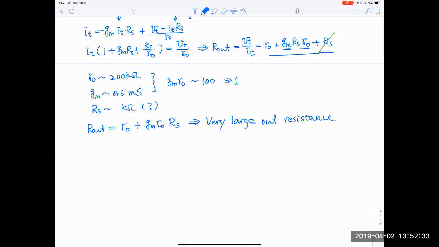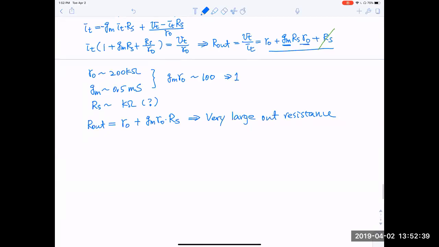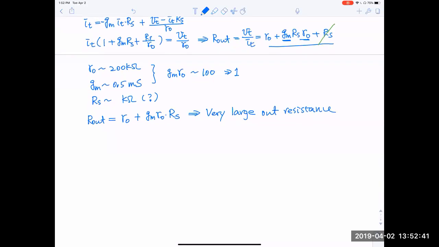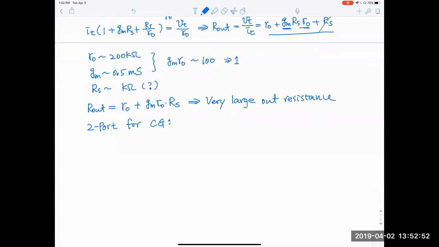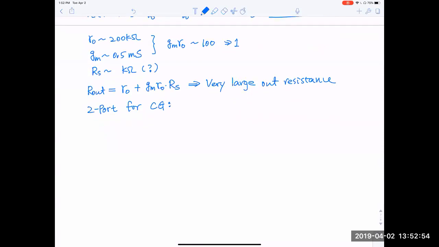So if you recall, for current amplifiers, it is desirable to have a very large output resistance. So we can complete the 2-port model, okay, for the common gate amplifier, CG. So we will write it as R in here, okay?